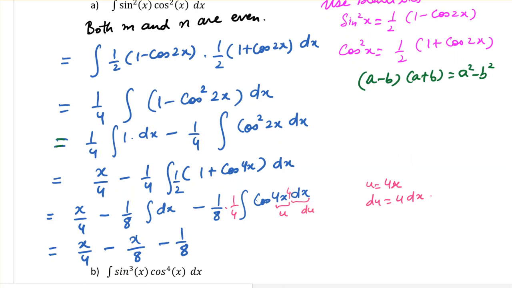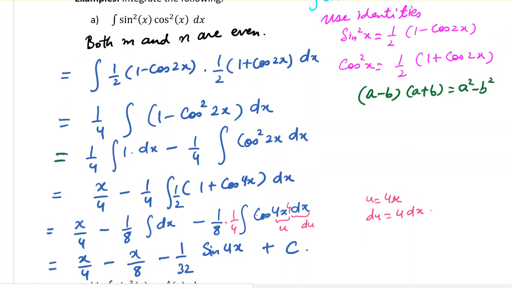So we get 1 over 32, and the integral of cosine u would be sine u. So sine of u means sine of 4x plus c. So that is our final answer for this problem.